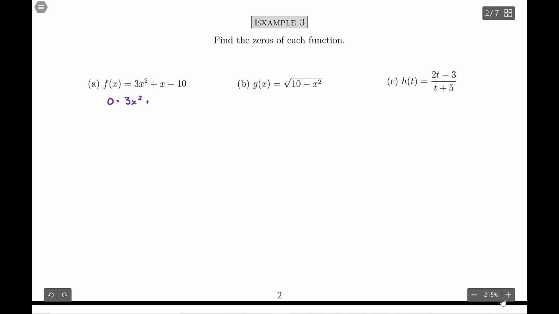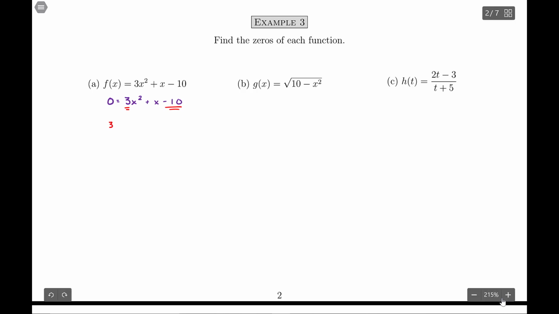So we just have 3x squared plus x minus 10. We've set that equal to 0. The way you factor a quadratic with a leading coefficient greater than 1 is we do factor by grouping. To do that, we take the first coefficient, 3, and multiply it by our constant, negative 10.